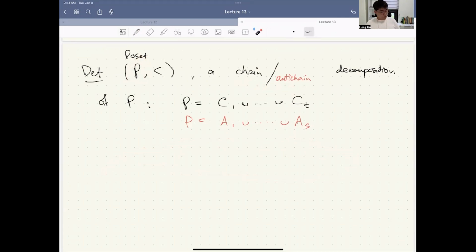Let's make a simple observation about chain or anti-chain decomposition. Here's the observation.